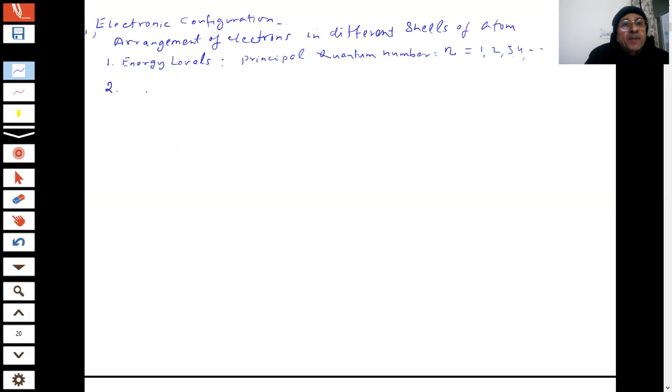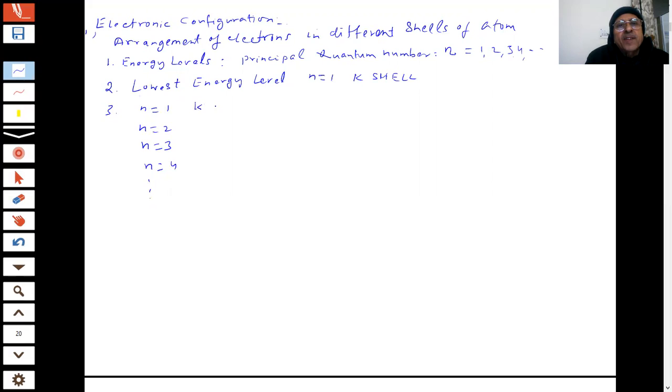Second thing, the lowest energy level is when n is equal to 1. That is called the K shell. The names which are given: if I say n equal to 1, n equal to 2, n equal to 3, n equal to 4, these are the energy levels, students.